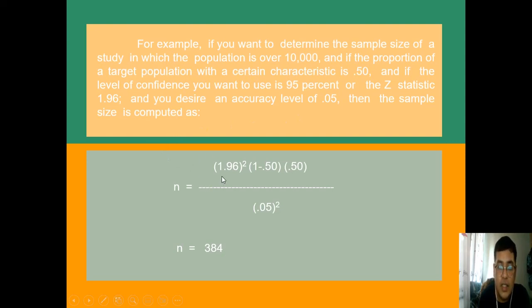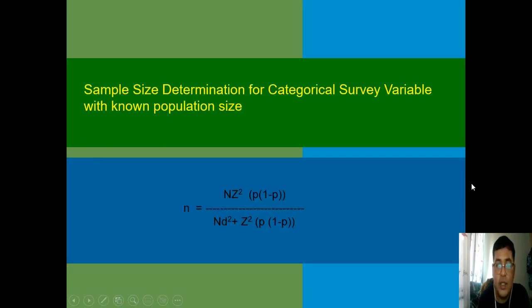So of course, we have the Z, which is 1.96 squared, times 0.5 times 1 minus 0.5, divided by 0.05 raised to the second power. So by computing, your sample size is 384.